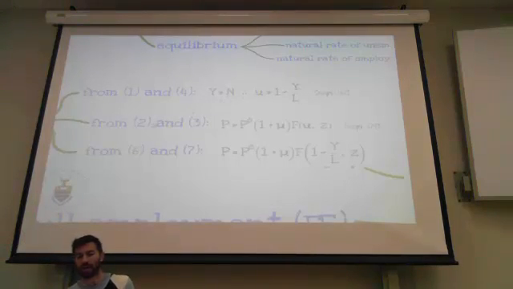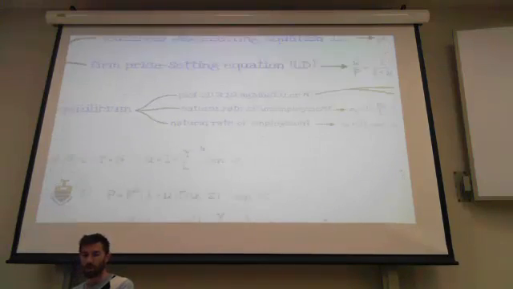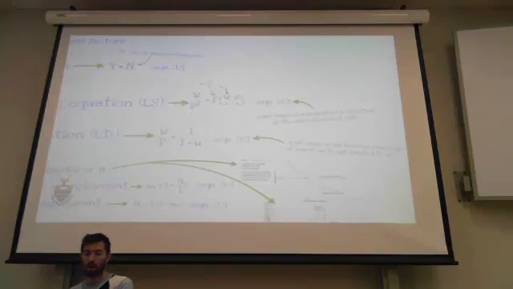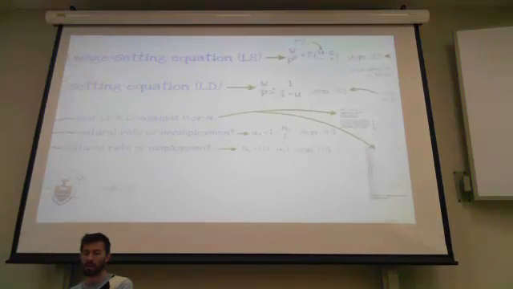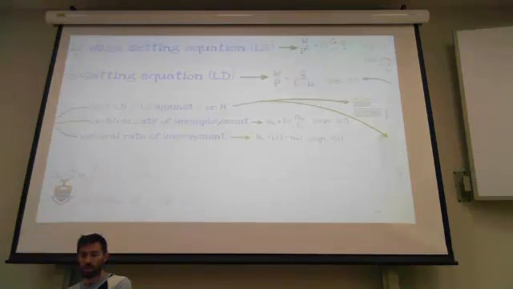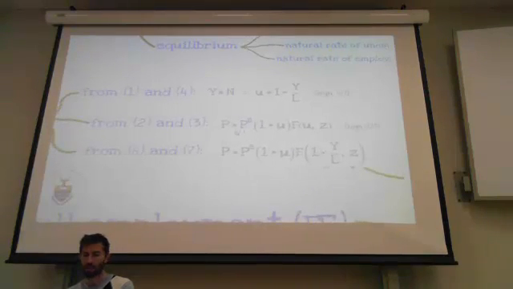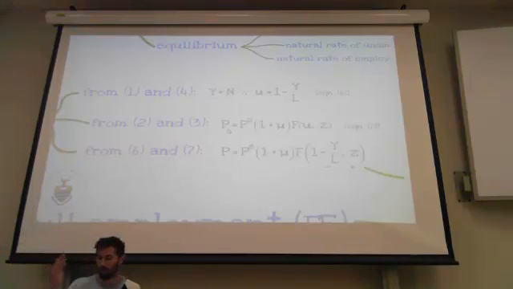Then again, taking those equations at the top, 2 and 3, so equation 2 is your wage setting relation, and then your price setting relation from the firms. We combine those two, and we get that the price level is equal to the expected price level times 1 plus mu times whatever the function of u and z is.